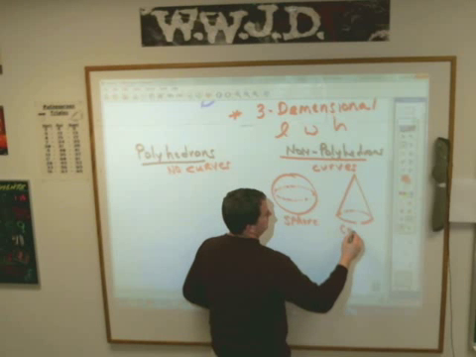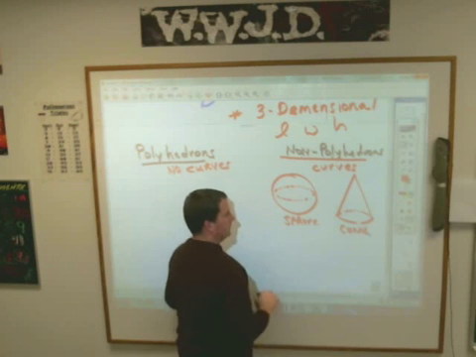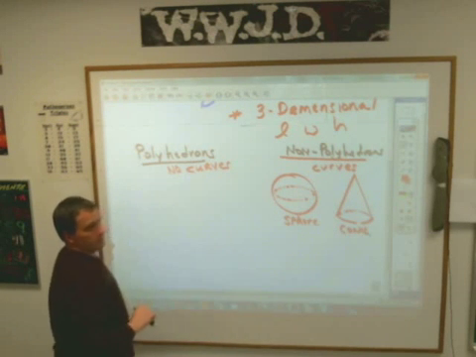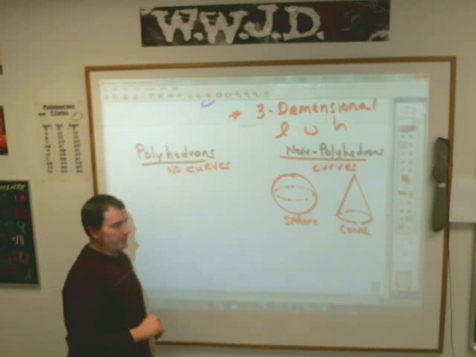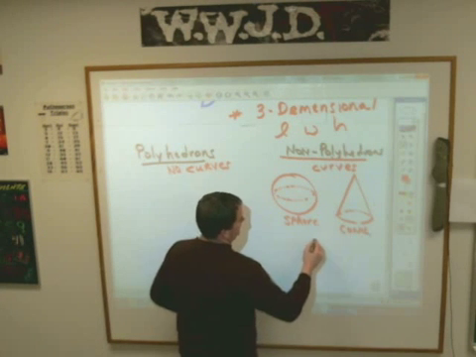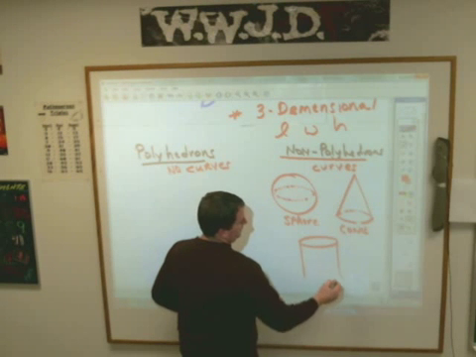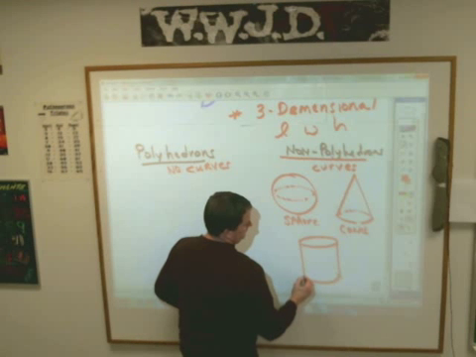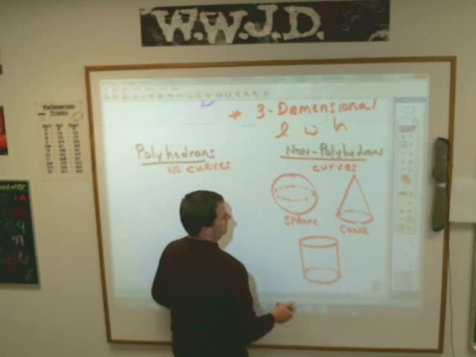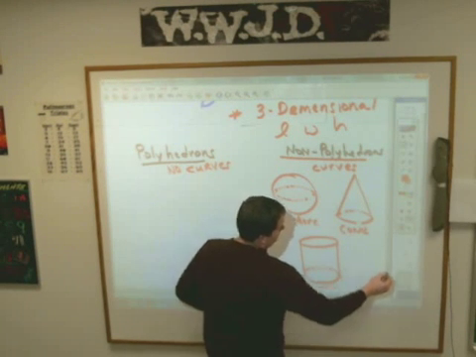It is your cone. The other curvy shape we usually talk about is a cylinder, or a can. A little oval, line straight down, a little oval, dash line: cylinder, or the can.